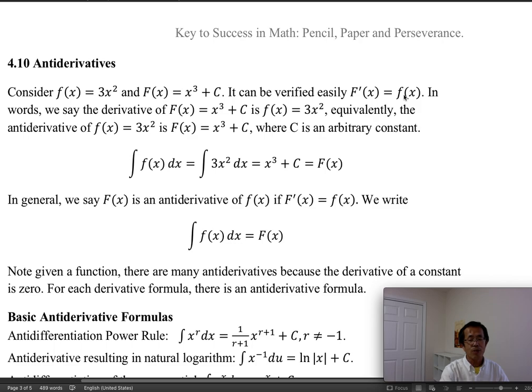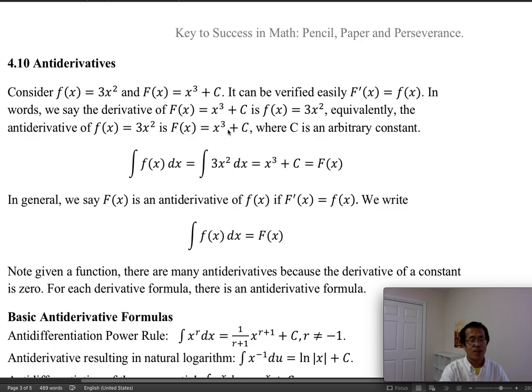And from the other side, in an equivalent way, we can say the antiderivative of this lowercase f is the uppercase F, or specifically, the antiderivative of 3x squared is x cubed.